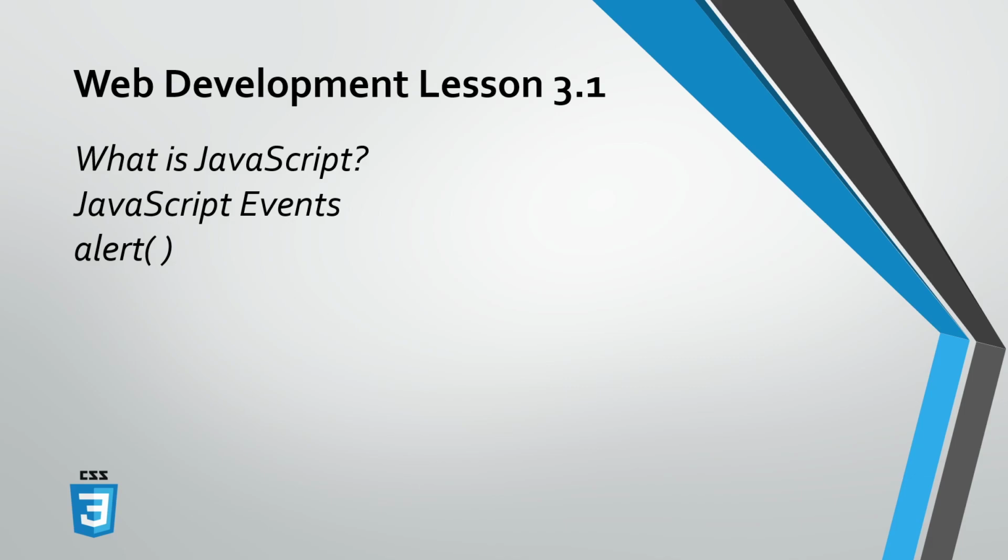All event listeners start with the word on, and then followed by some actions such as on click, on mouse over, on load, and so on. Your first piece of JavaScript was a pop-up window called an alert box. So hopefully you're excited that we're actually starting to make some functional websites, and I look forward to seeing what you can do. Enjoy.